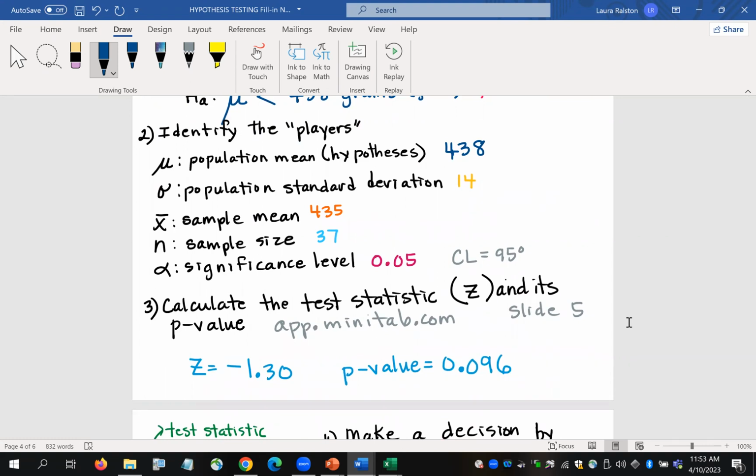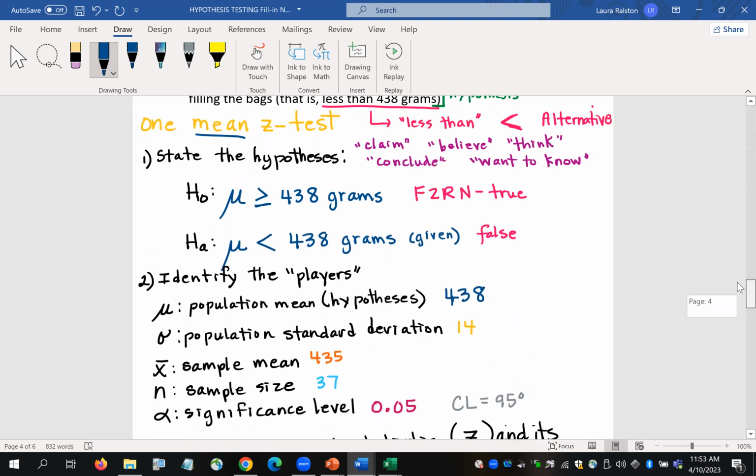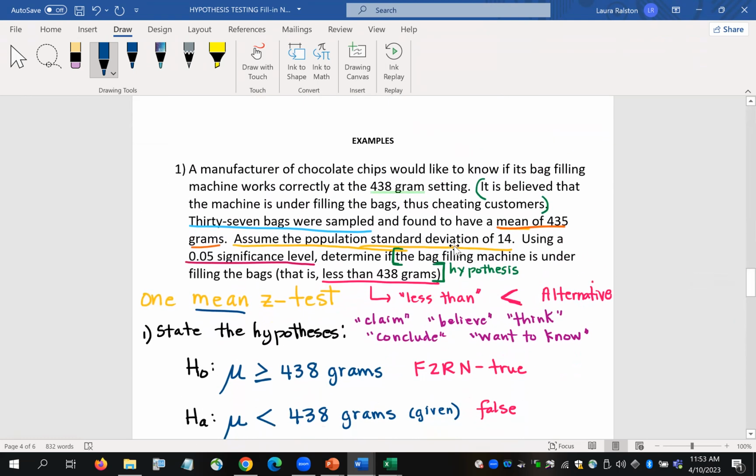But it's important that you get them identified correctly. You want to make sure you identify which one is the population and which one is the sample. And you'll often see it. Notice how this was kind of written. It doesn't literally say sample mean, but notice how this said 37 bags were sampled and found.